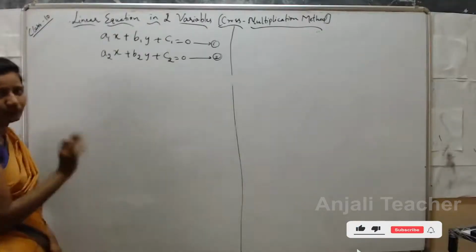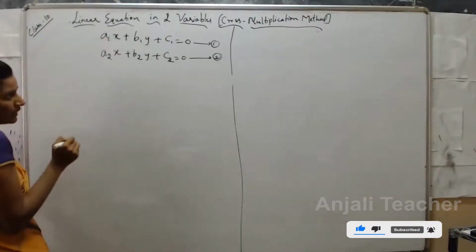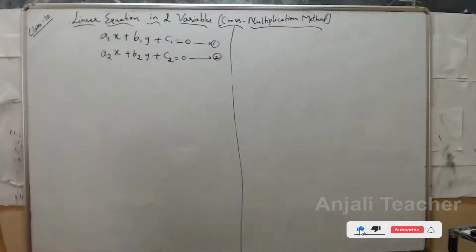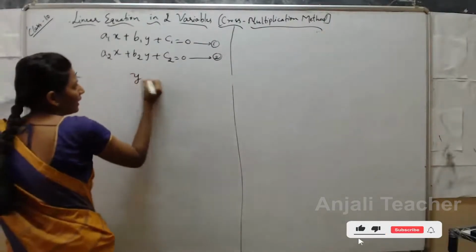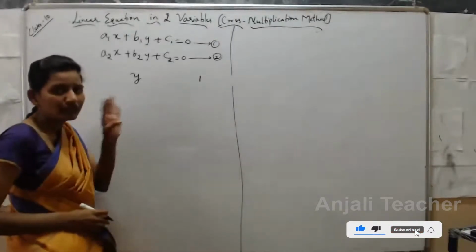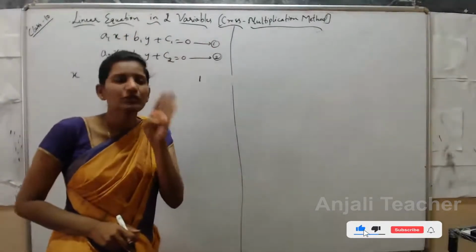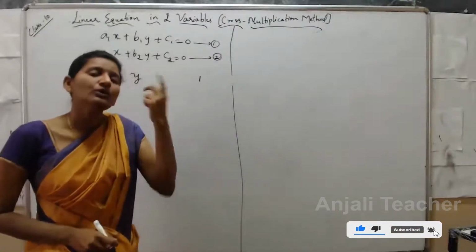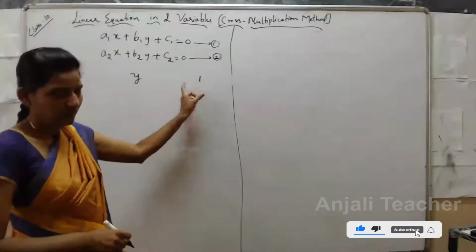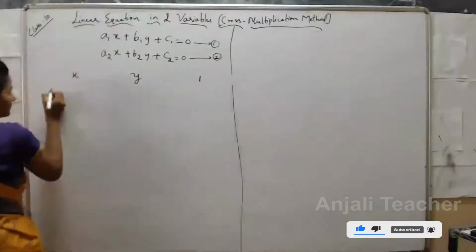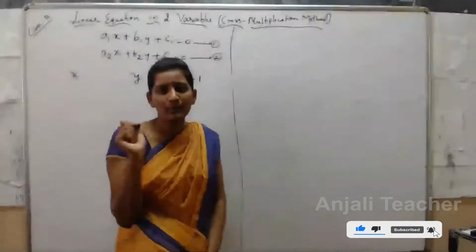How to write the formula? See here. First you have to write x, y and 1 here. I said that in the cross multiplication method there is one formula, and you should learn that. How to write that formula? Take this as x, y and 1. You know BCA, Bachelor of Computer Application.